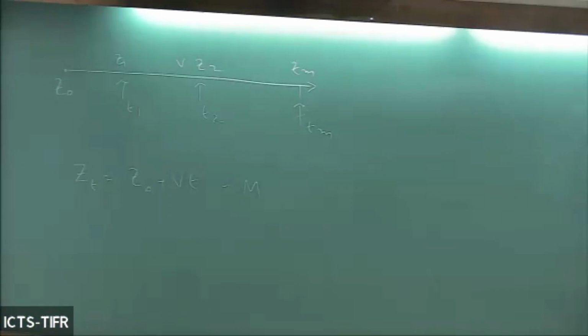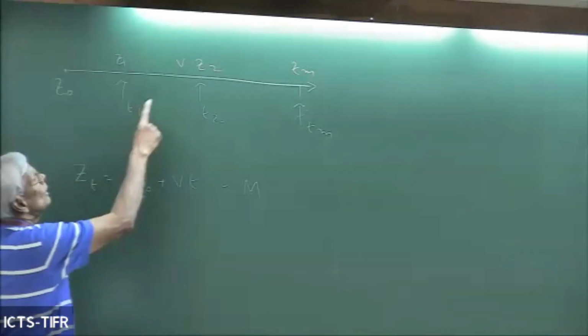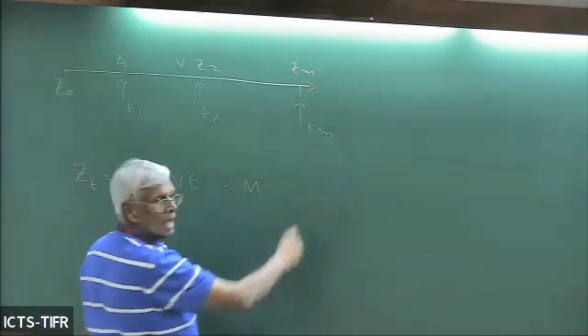Please mark your clock when the particle crosses you. So the particle is going to cross position z1 at time t1, position z2 at time t2, position zm at time tm.